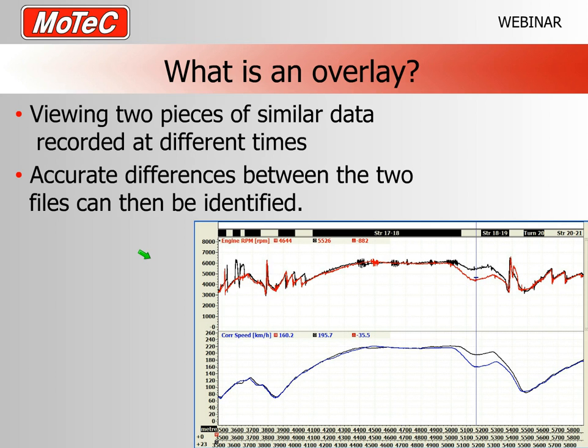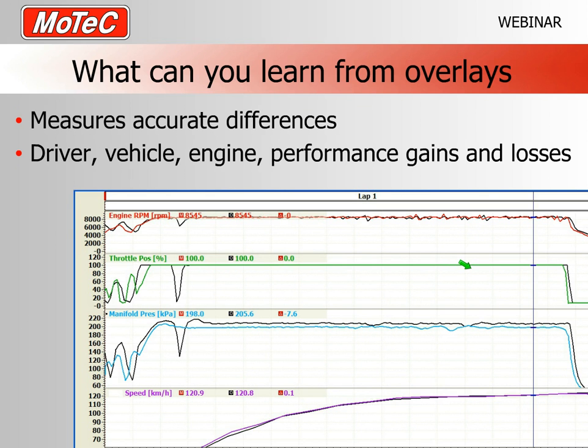If you overlay it, as is the case here, and the RPM and speed here, we can very quickly see that there is a problem with the coloured overlay here. So either there's a problem with that one, or the black trace is particularly good. Either way, we want to keep encouraging the driver to create the faster trace here. So we overlay data to locate those variances.